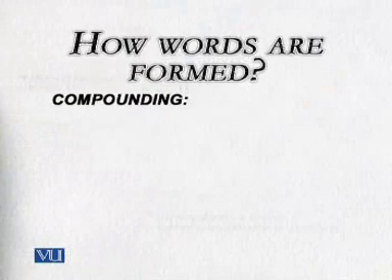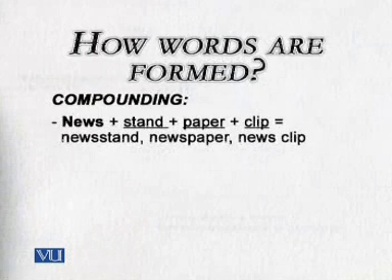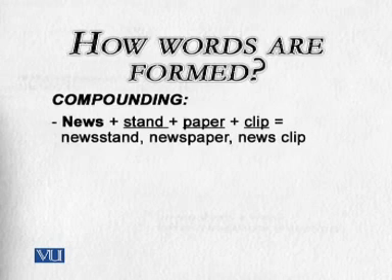The last one, which I told you, is compounding. Unlike portmanteau words, in compounding we combine full-fledged words and create new words. For example, from news, you can add one more. News is one word. Stand is another word. You can put these two together, newsstand.